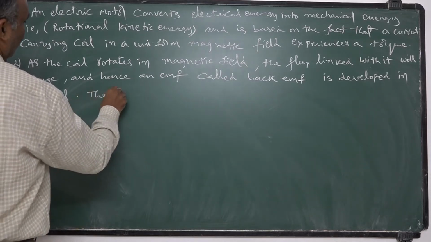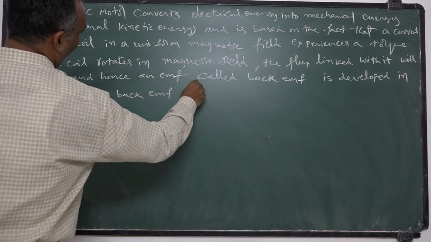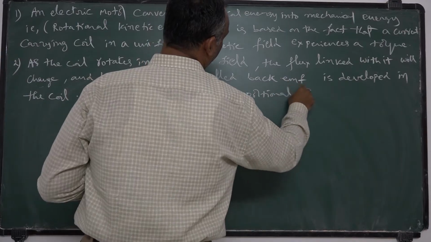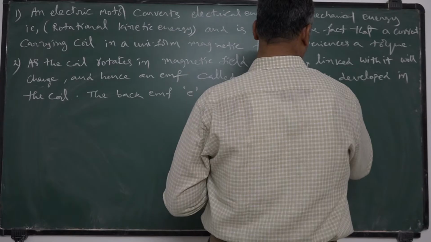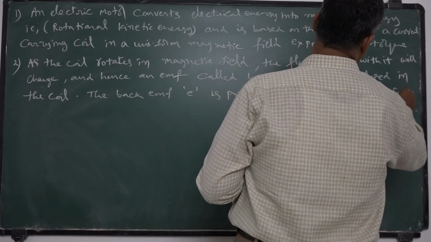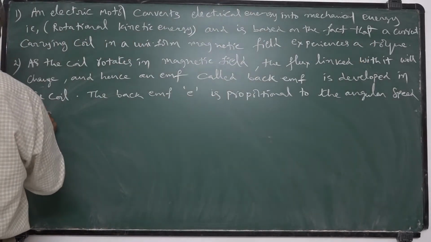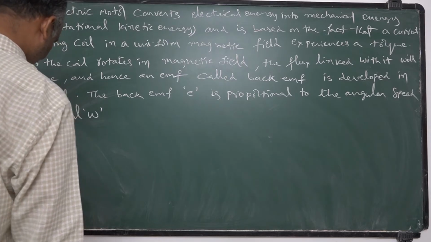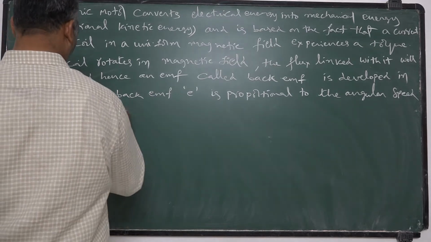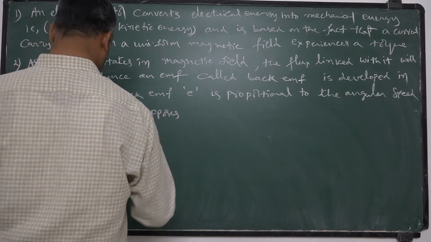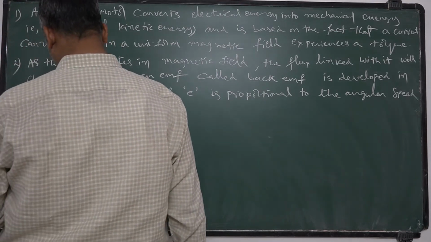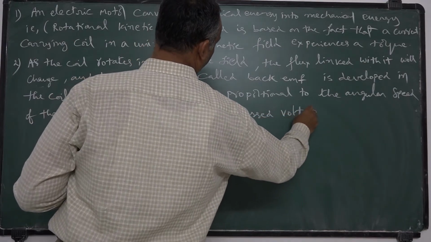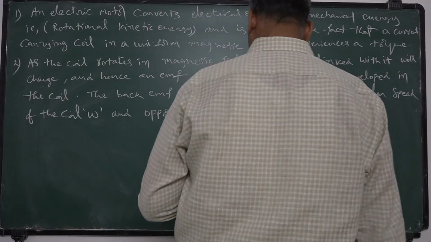The back EMF e is proportional to the angular speed of the coil, omega, and opposes the impressed voltage E.